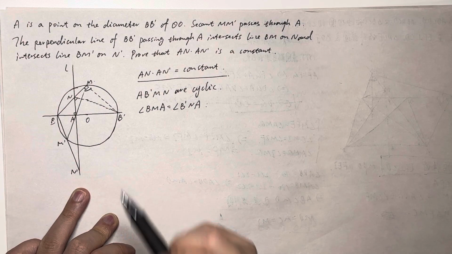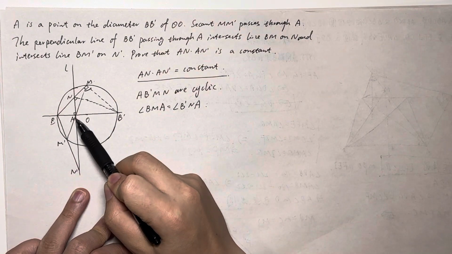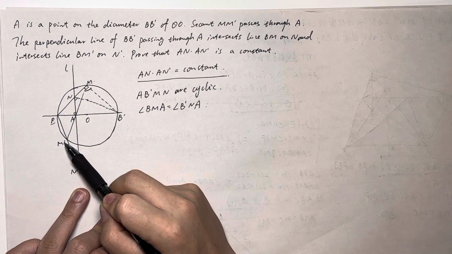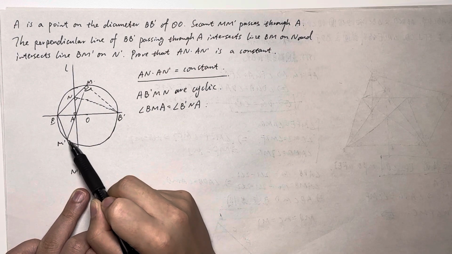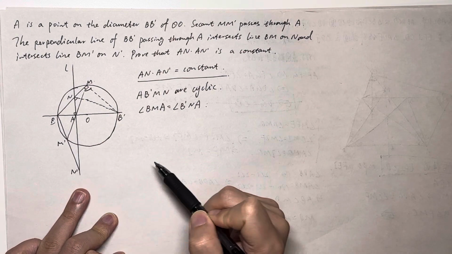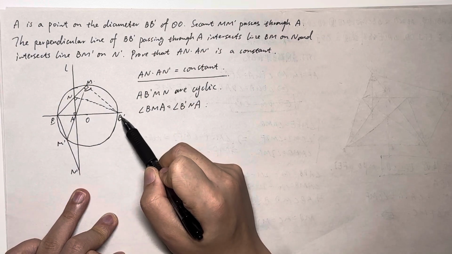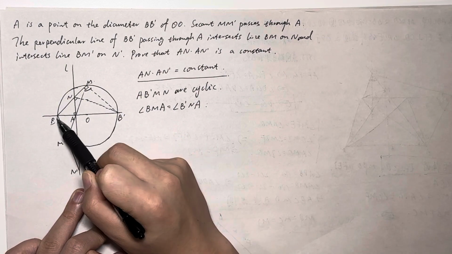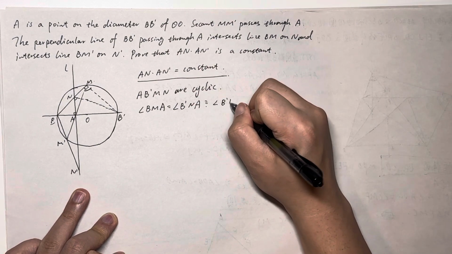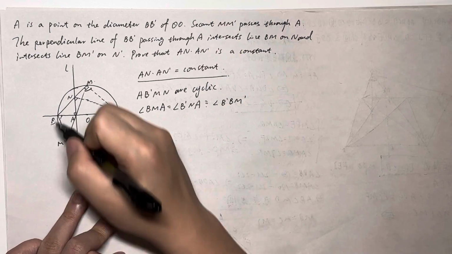And we already know that angle BMA equals angle BMM prime, that's the same angle, and it refers to the chord B prime M prime, which means that angle BMA equals angle B prime BM prime. So it equals this angle.